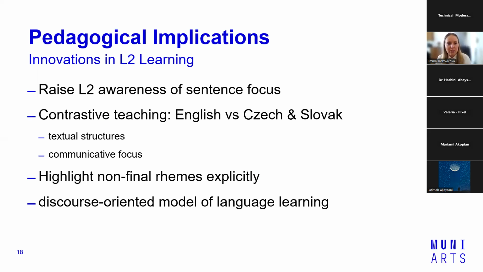So I believe that teaching strategies could include some contrastive analysis between Czech and Slovak and English structures, and maybe an analysis of their communicative focus. Also, I think we should put explicit attention on non-final rhemes, and perhaps we could also enhance discourse-oriented language activities, which could help promote this way of thinking about sentence and text.